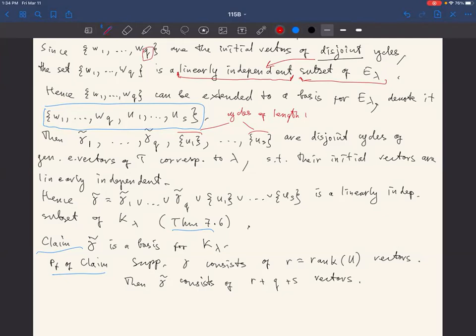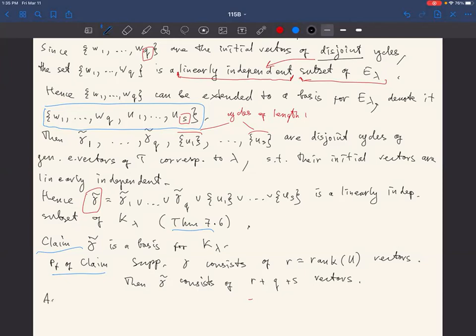So this was the initial vectors of the cycles. And S comes from this completion of the basis, when we had to complete the basis for E lambda, starting with W1 through WQ. So if we look now simply at the definition of gamma tilde, we see that it consists of R plus Q plus S many vectors.